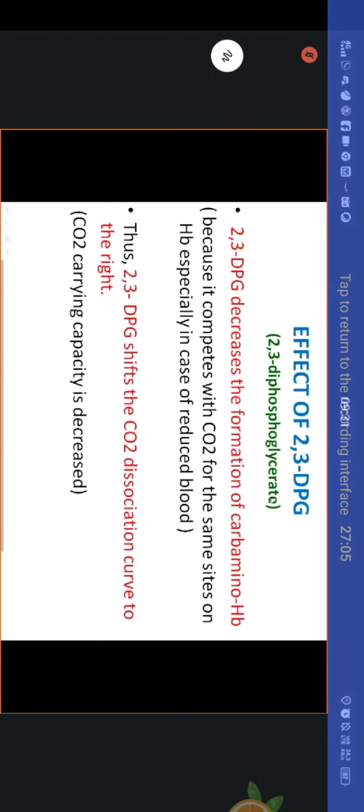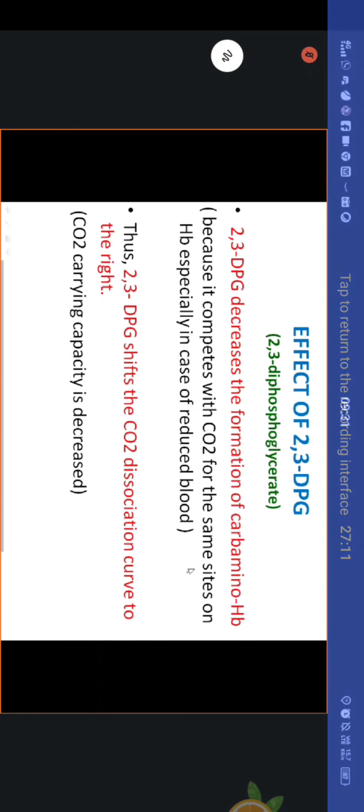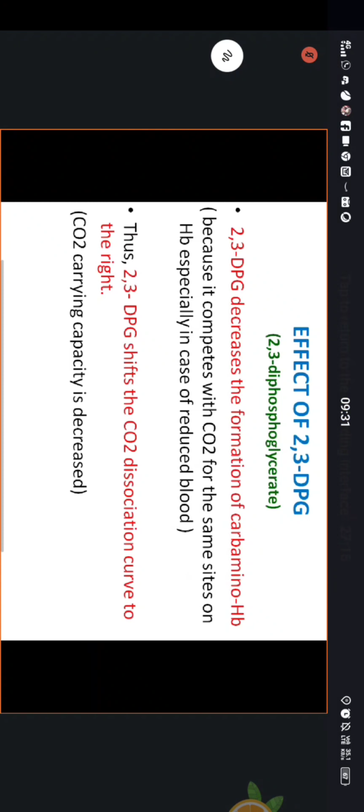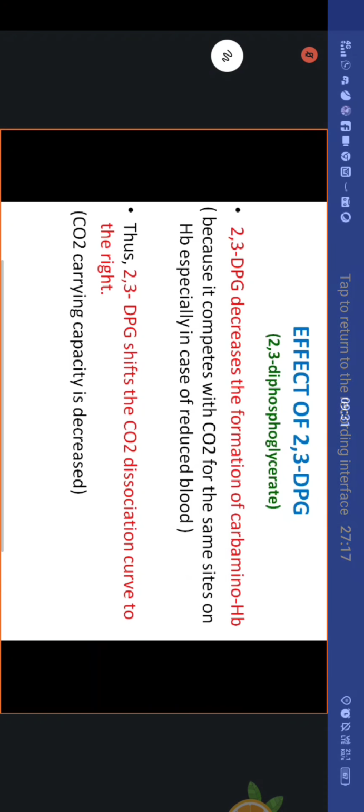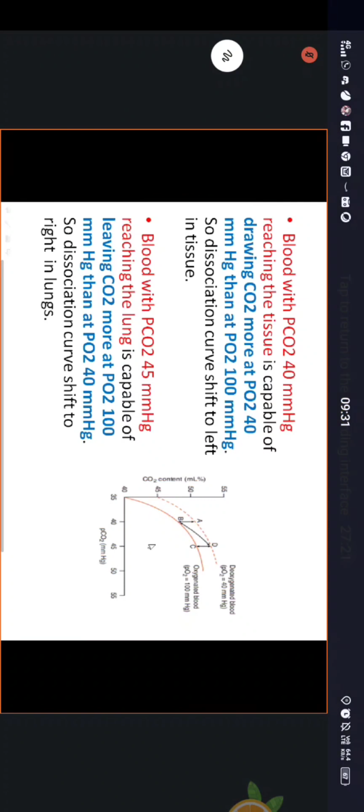So an increase in the quantity of 2,3-DPG decreases the formation of carbaminohemoglobin compounds. Decrease in the binding of carbon dioxide means there will be a shift to right, this side. The curve comes this side, shift to right.